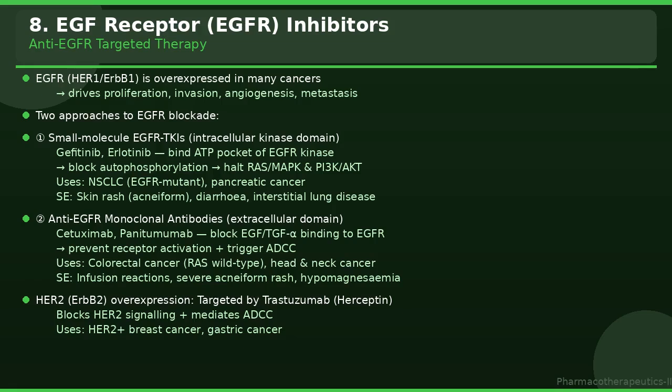They are used in RAS wild-type colorectal cancer and head and neck cancers. A closely related target is HER2, or ERBB2, which is overexpressed in about 20% of breast cancers. Trastuzumab, also known as Herceptin, is a monoclonal antibody that blocks HER2 signaling and mediates ADCC, and is the standard of care for HER2-positive breast and gastric cancers.